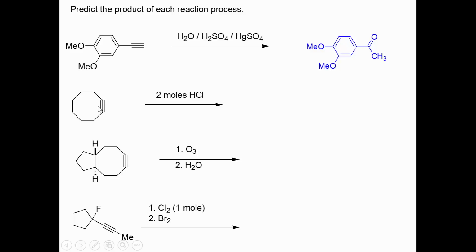So when this is treated with 2 moles of HCl, what we're going to see is that one of the carbons gets 2 hydrogens, one of the carbons gets 2 chlorines. It doesn't matter which is which because this is a perfectly symmetrical molecule, and we end up with 1,1-dichlorocyclooctane.